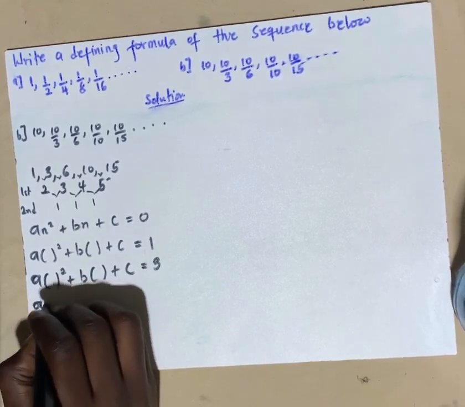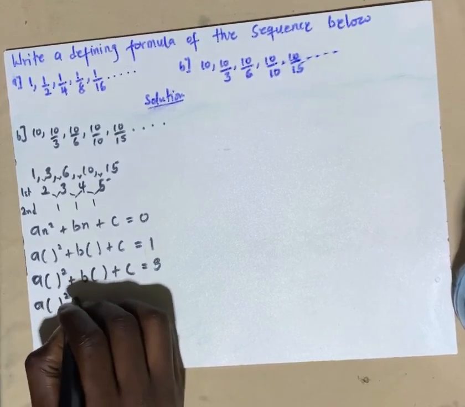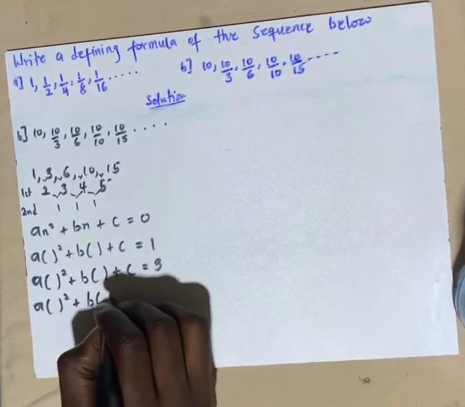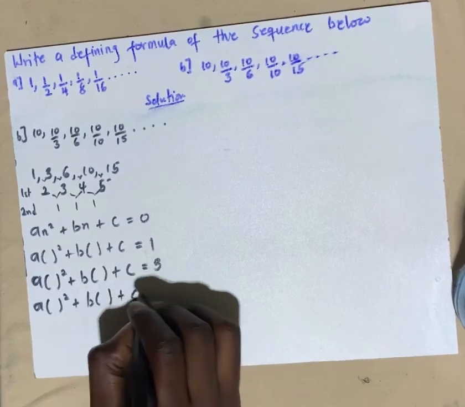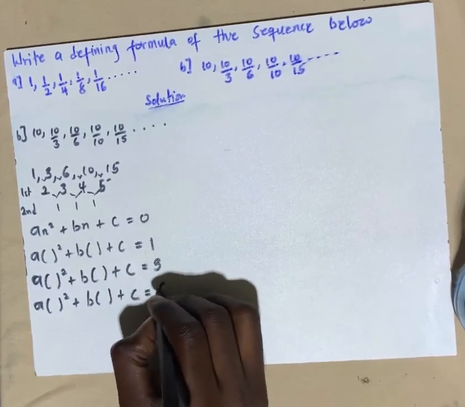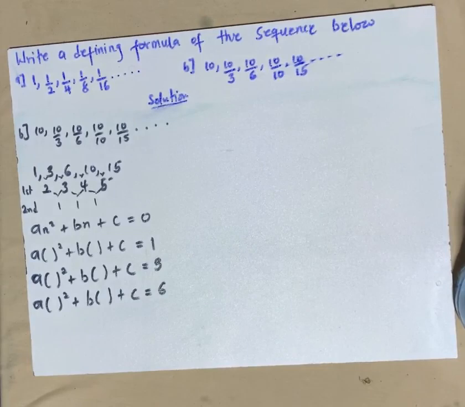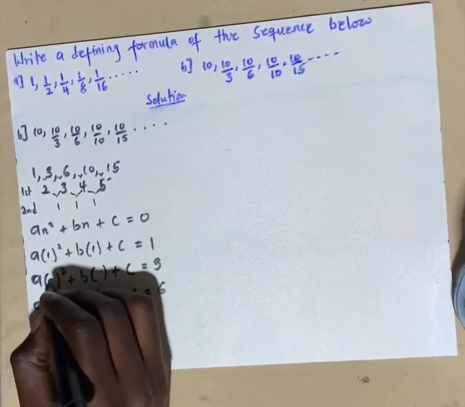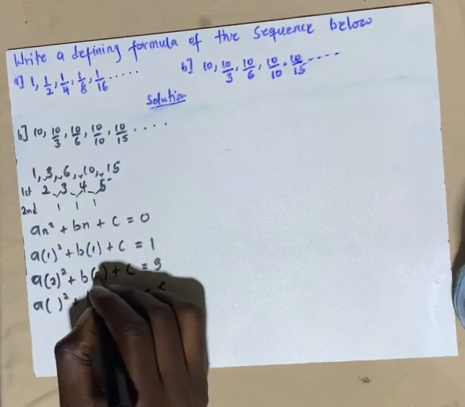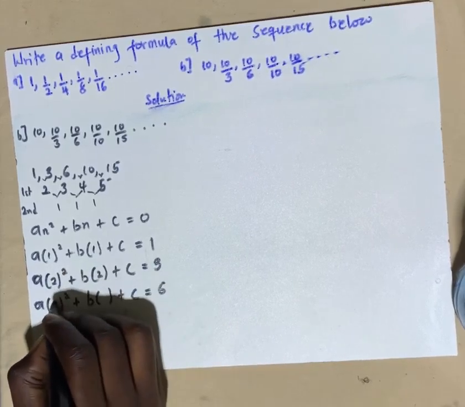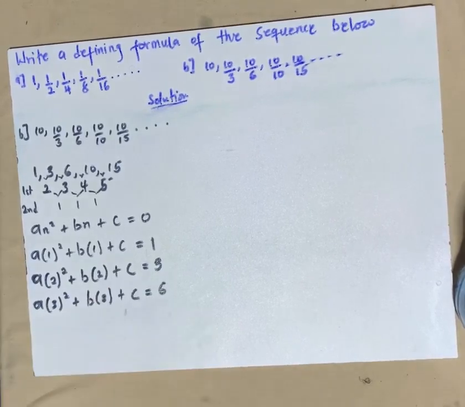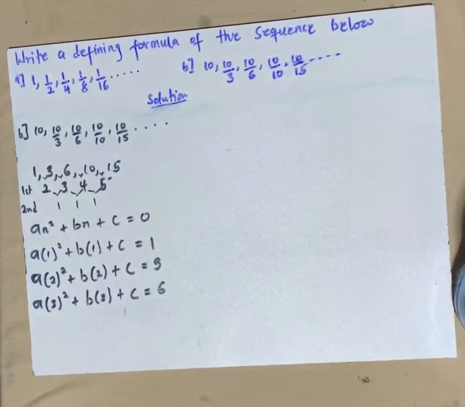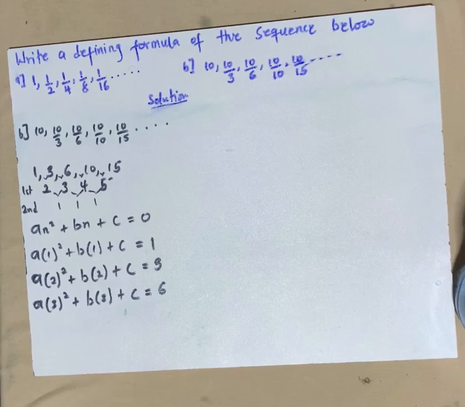Now you bring your a, you have your squared, b also, you have this plus c, which is supposed to give us 6. Now, for the first one, when n is 1, you put 1 into the bracket. When n is 2, you put 2 into the bracket. When n is 3, you put 3 into the bracket. Now, all you are going to do is to just simplify these expressions.